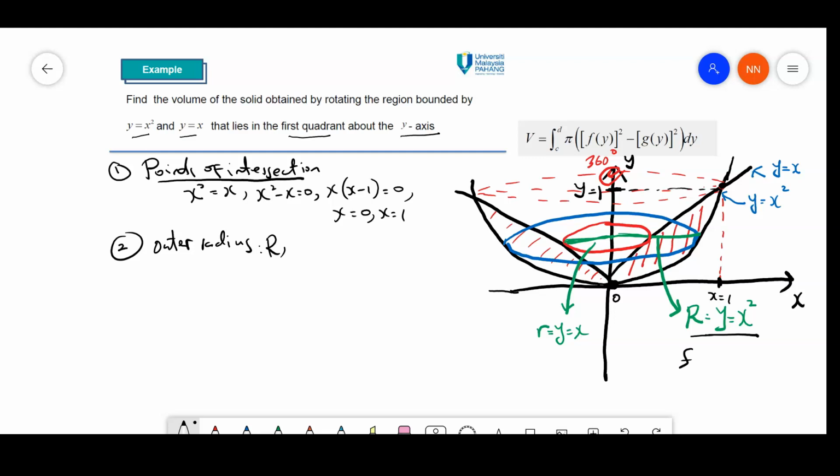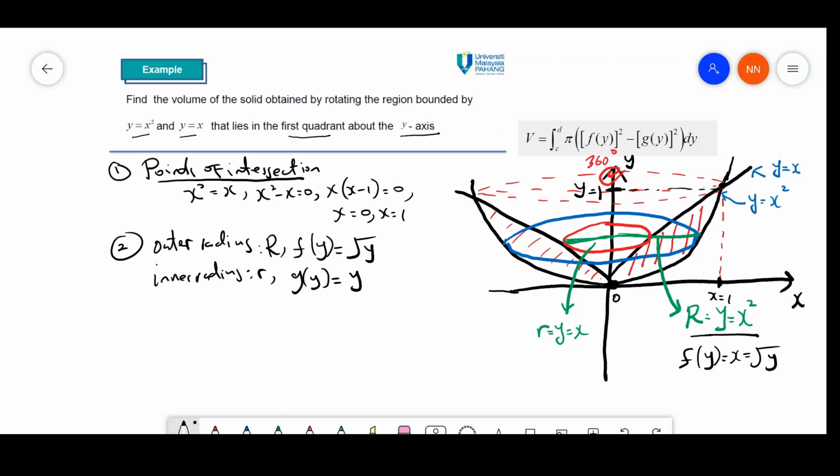So here we will have f(y), from y equals x squared, x equals square root of y. So the outer radius is given by f(y) equals square root of y. And our inner radius is given by small r. If we rewrite, we have g(y), from y equals x, x equals y. So the inner radius is g(y) equals y. Because we want to rotate about the y-axis, the variable must be in terms of y.